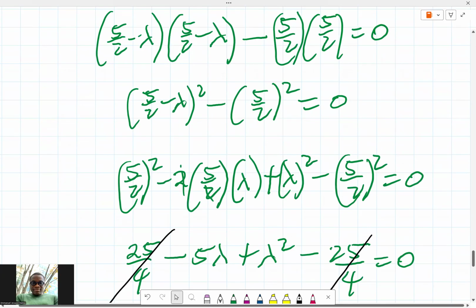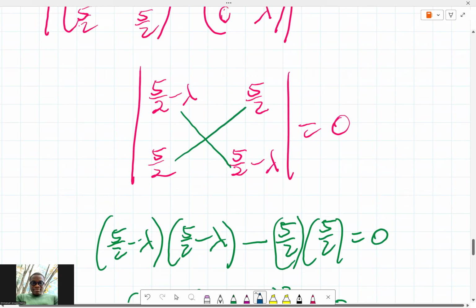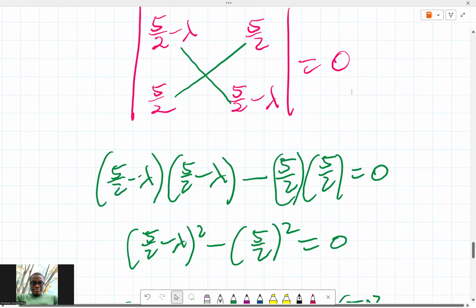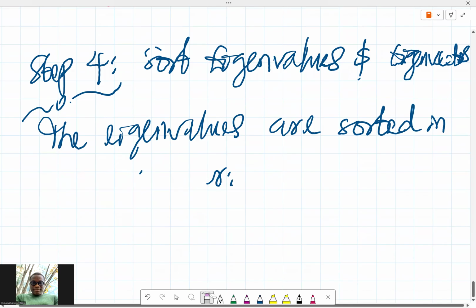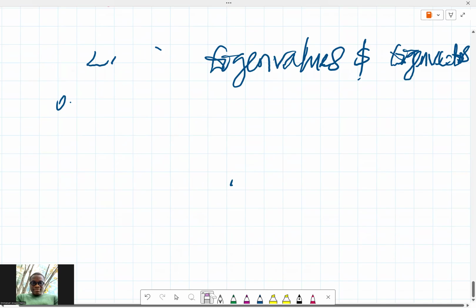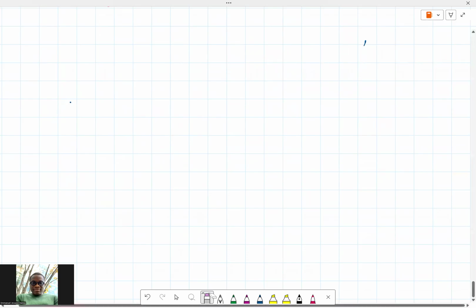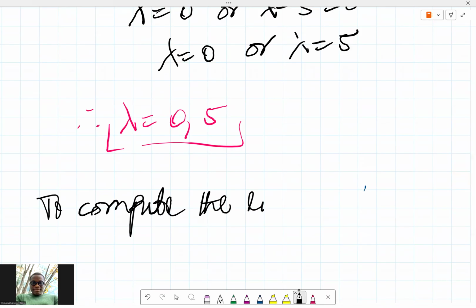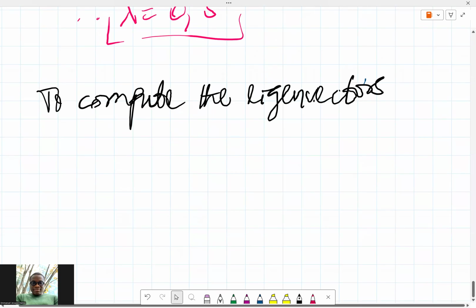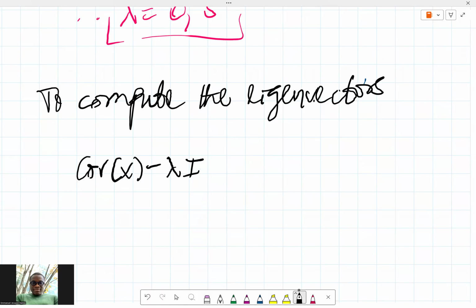So if we want to find eigenvectors, we have to come back to this level. Let's find the eigenvectors. Let me not jump because we need both together, right? Let's compute the eigenvectors. To compute the eigenvectors, we need the covariance of x minus lambda I, multiplied by the eigenvector v, and all of that will be equal to 0.